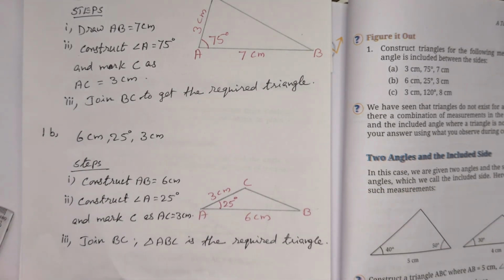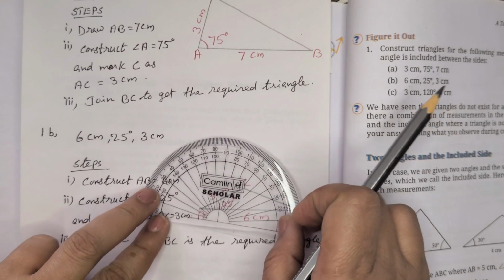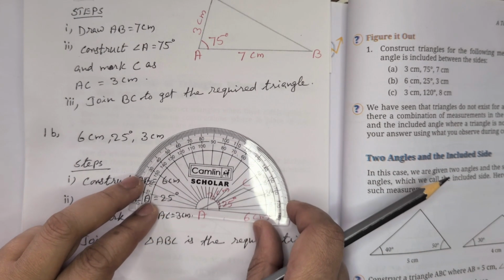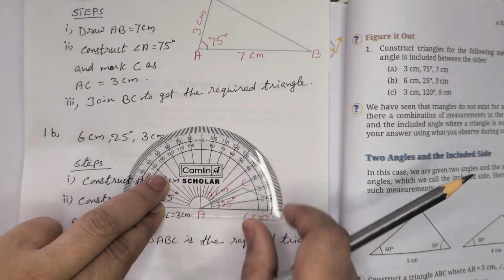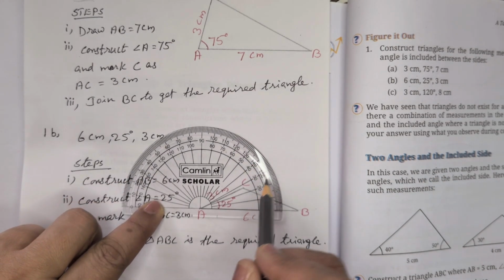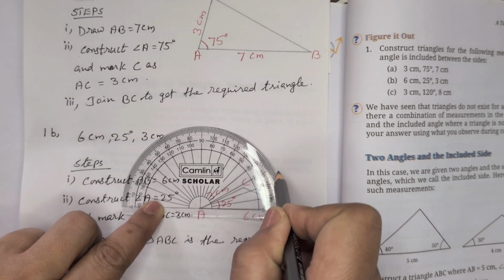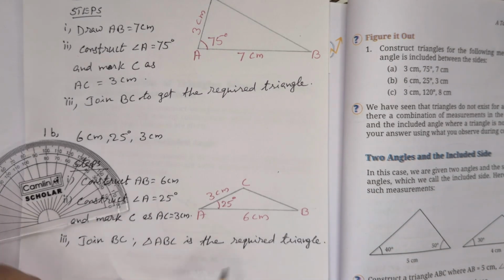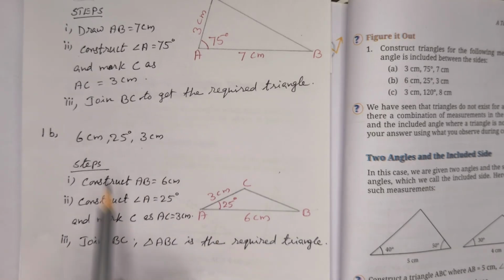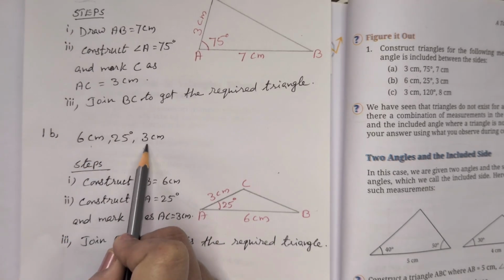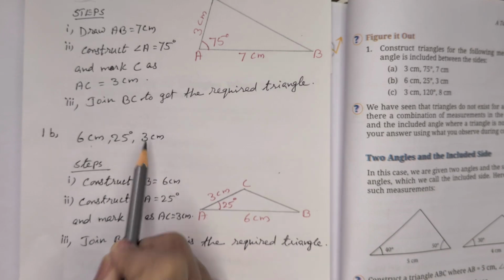Then at A keep the protractor, and 25 degree is the angle measurement. Here 0, 10, 20, 25 is coming here. But we need the other side as only 3 cm. 6 already we have taken. Now the second side as 3 cm.